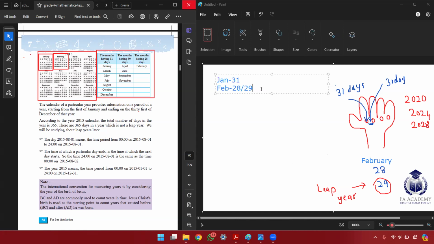So how about March? I'll just put only the 3 letters. March has 31 days because once you complete January here, then you just go with February and you see March, right? March is just on top of the bone, so it's 31 days.